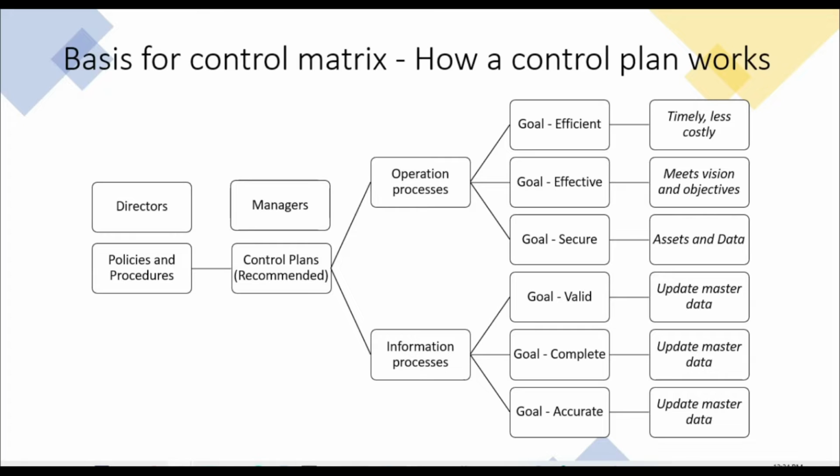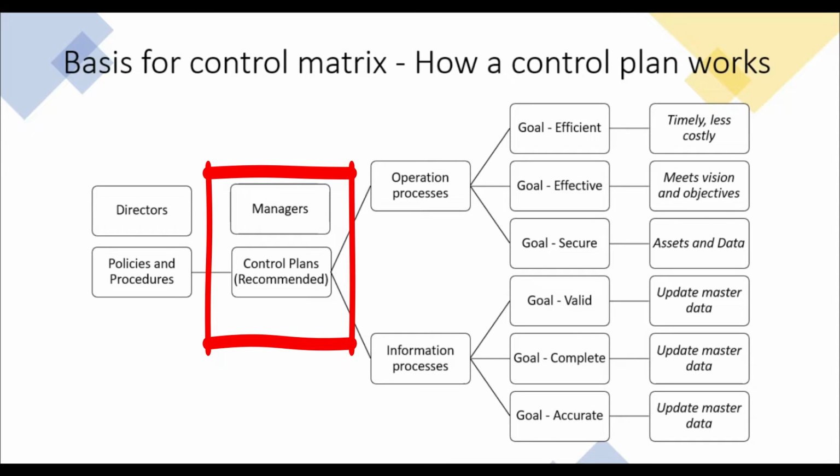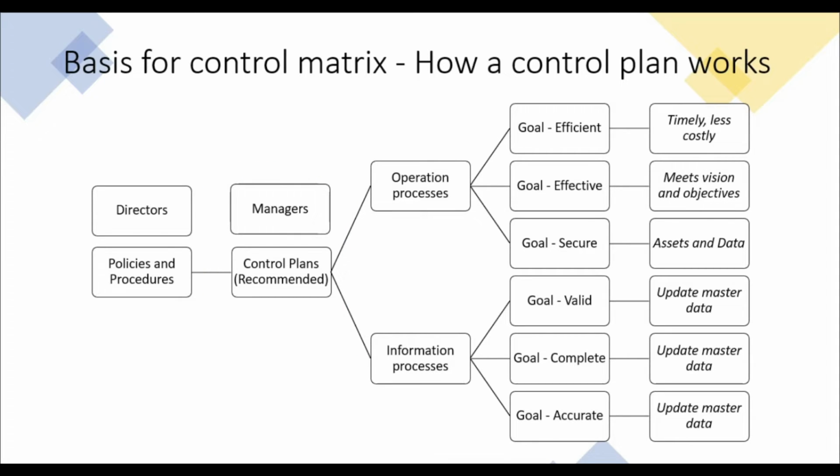So the basis for the control matrix and how a control plan works starts with policies and procedures, and these policies and procedures are designed by the senior leaders in the enterprise. And then there are control plans that are recommended and implemented by the managers.